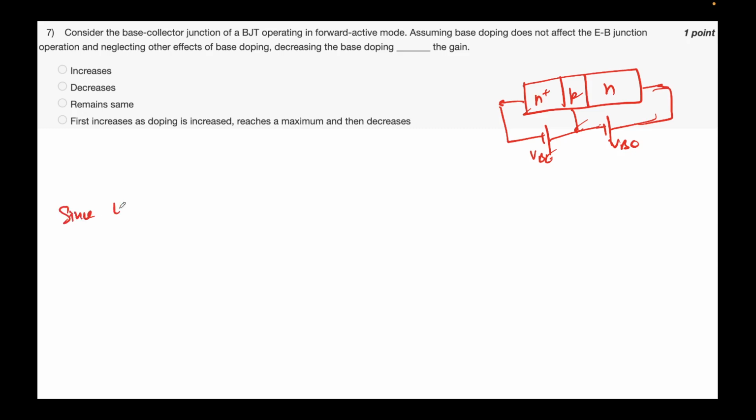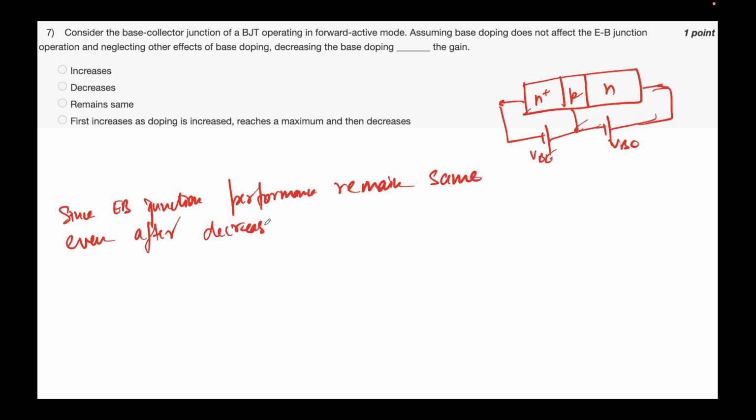Since EB junction performance remains the same even after decreasing base doping, gamma E must remain the same. That's the assumption that has been given.